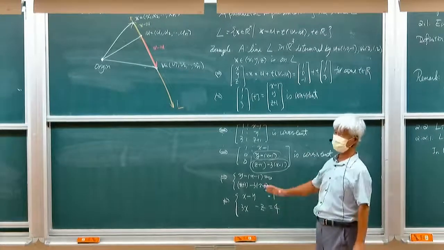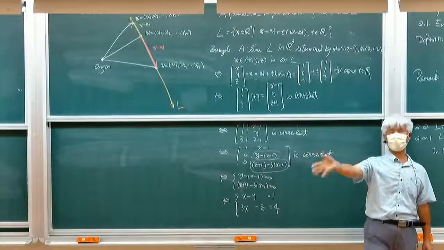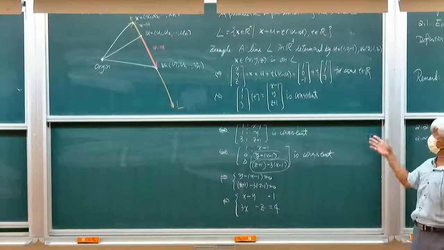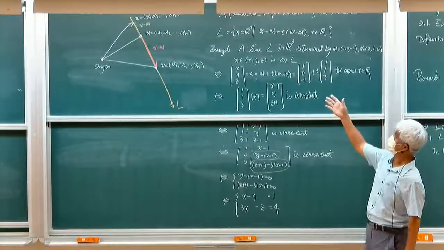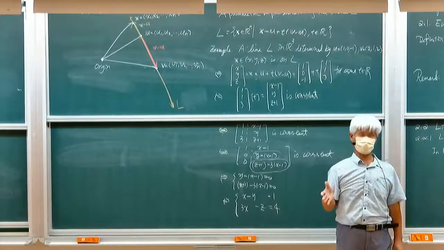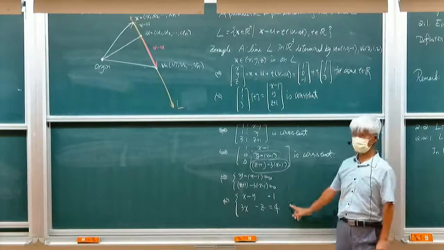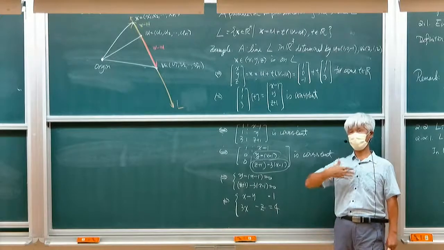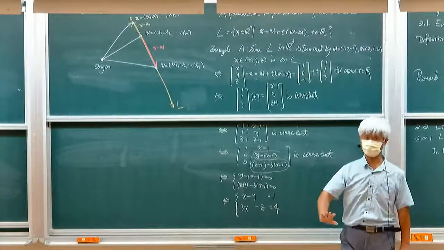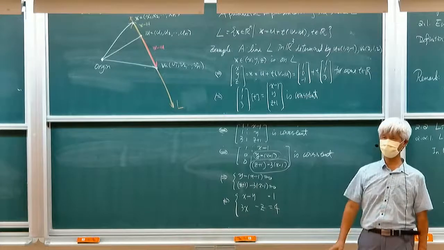At this moment, you can imagine, or you can extend to say that to describe a line in n-dimensional Euclidean space, you need n minus 1 linear equations. Okay, but we will prove that later, in a general setting.